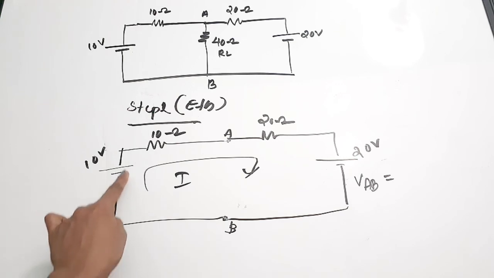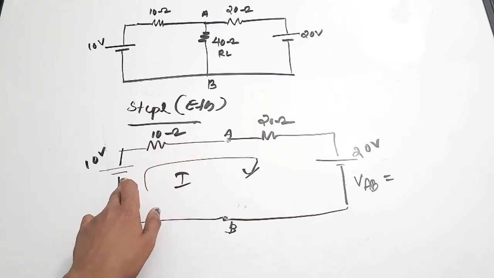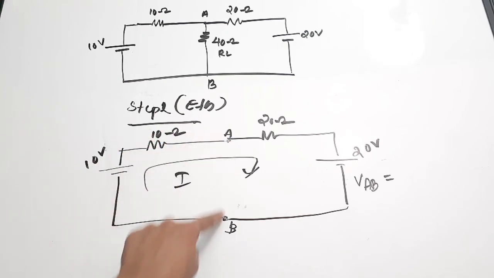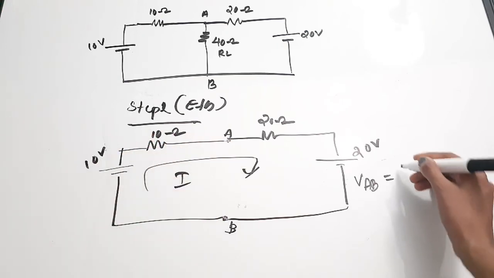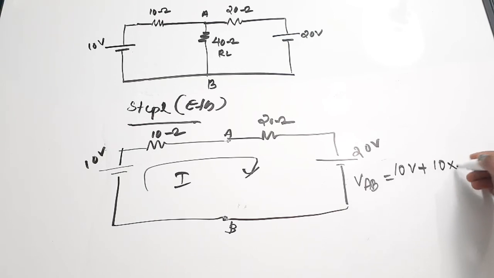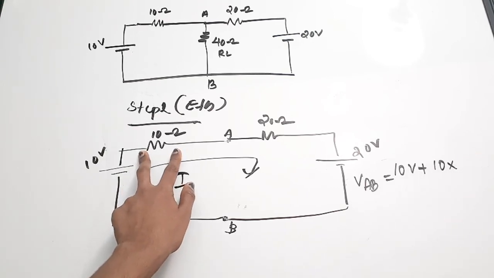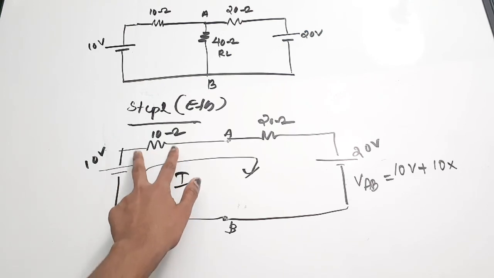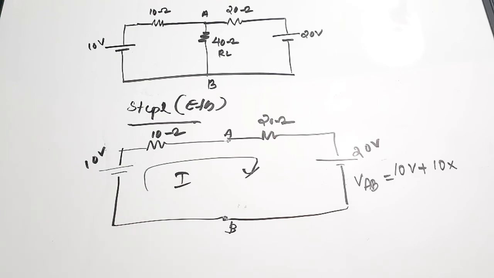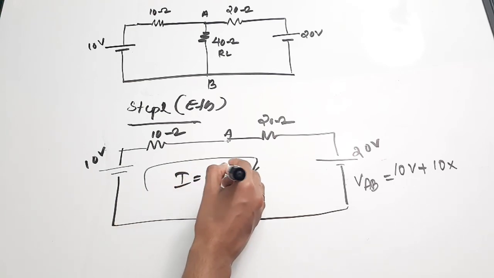The voltage will be the sum of this voltage source and the voltage across the 10 ohm. That will be the voltage VAB, right? So VAB equals 10 volt plus 10 into, what is the voltage drop across 10 ohm? It is the resistor value into the current flowing through it. The current we have found is 0.33 amperes.